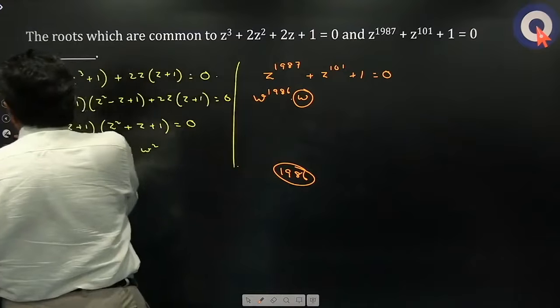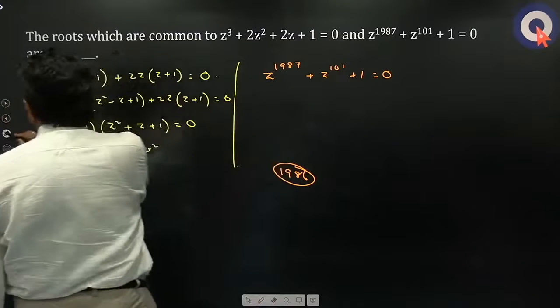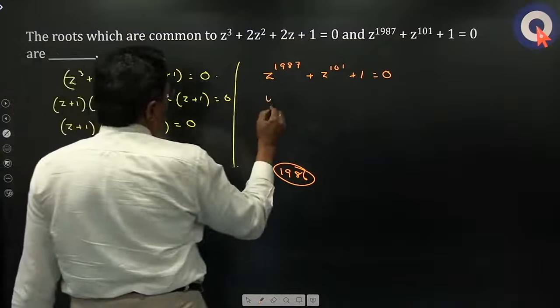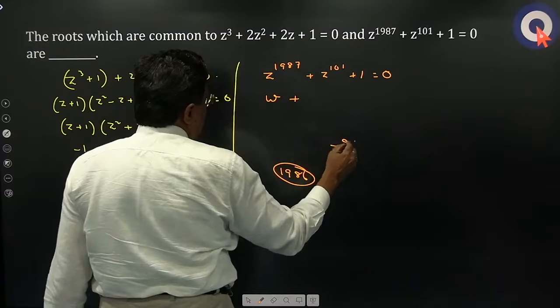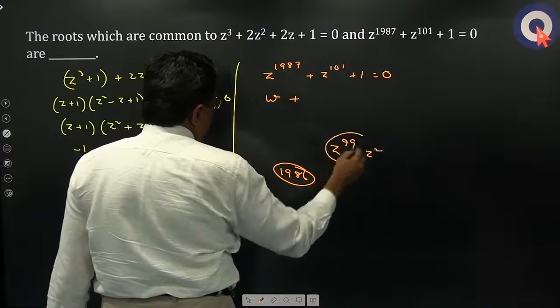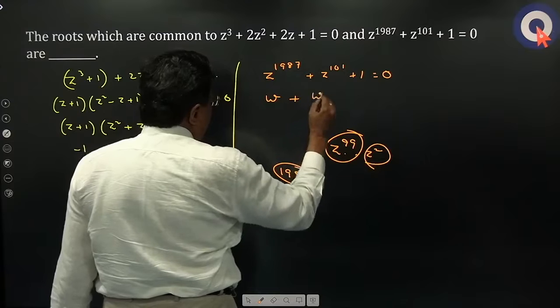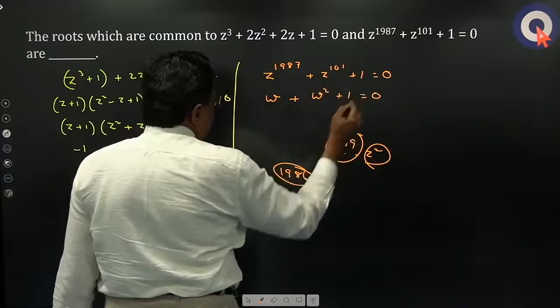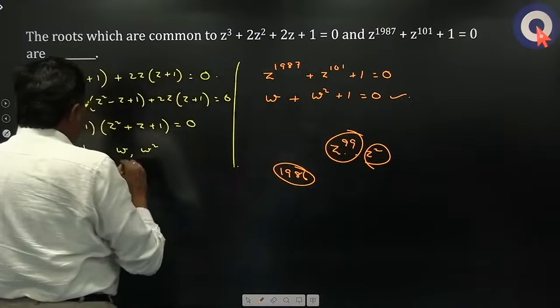I need not show this, so we can directly write omega here. Now here z power 99 into z square, this becomes omega power 99, this becomes 1, omega square will be there. So omega square plus 1, you see, this becomes 0. So that means omega is a root.